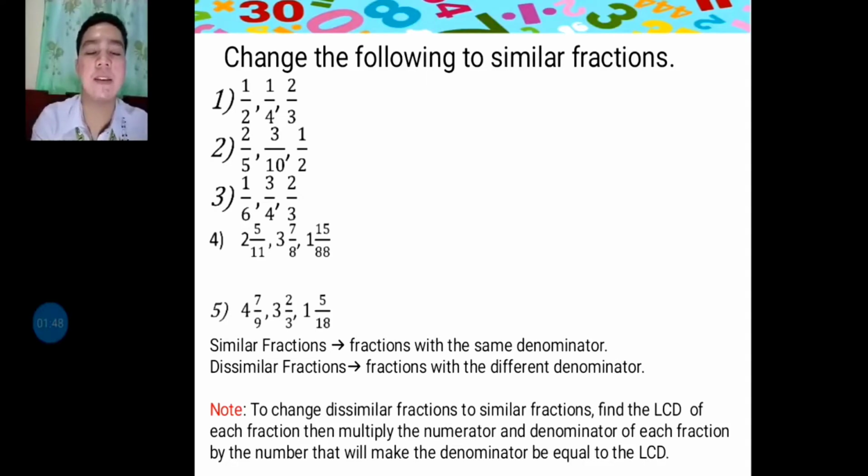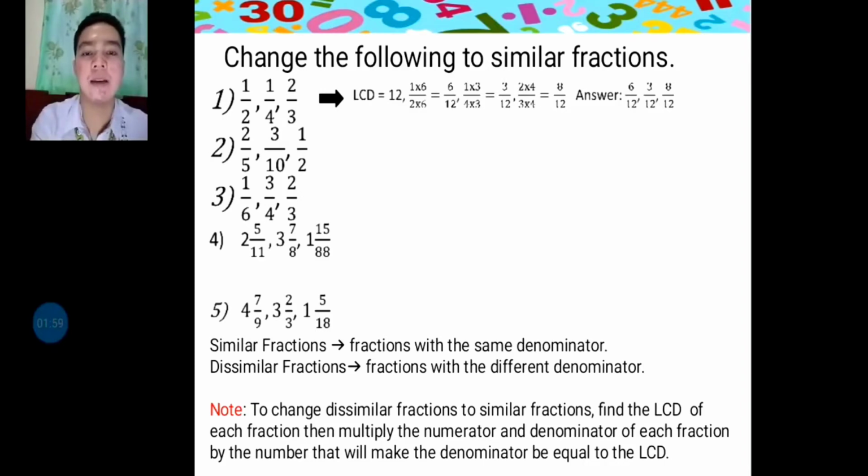What is the LCD of 1/2, 1/4, and 2/3? As you can see, the LCD is equal to 12. Why? Because 2, 4, and 3 can all divide 12. As I said, you have to multiply each numerator and denominator to get the LCD 12.